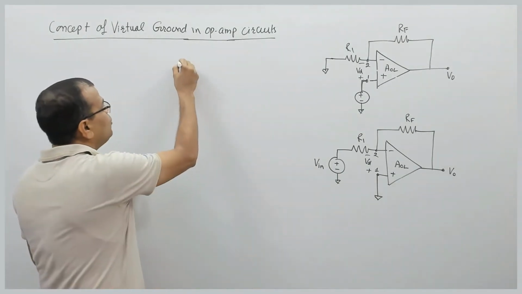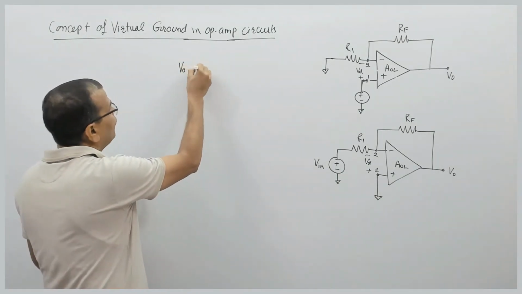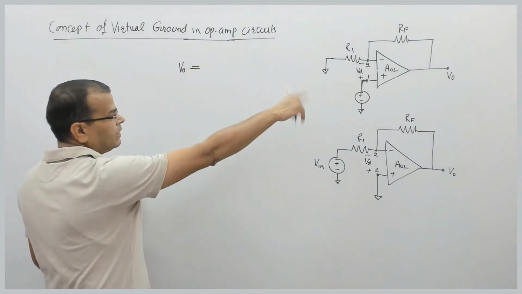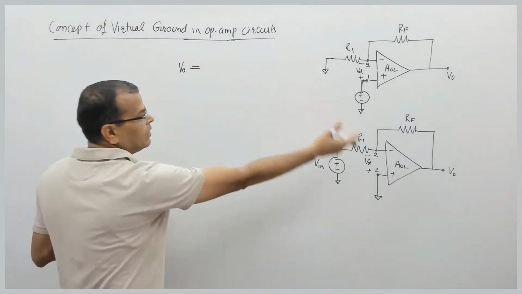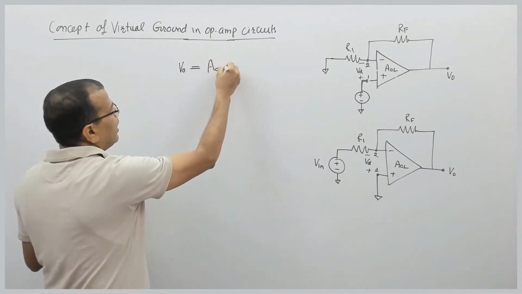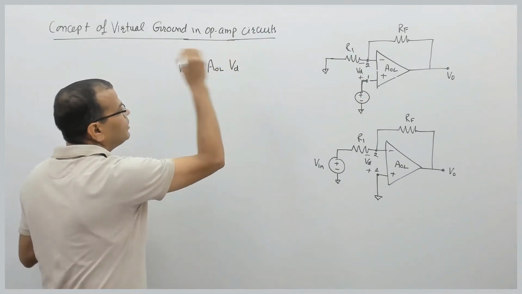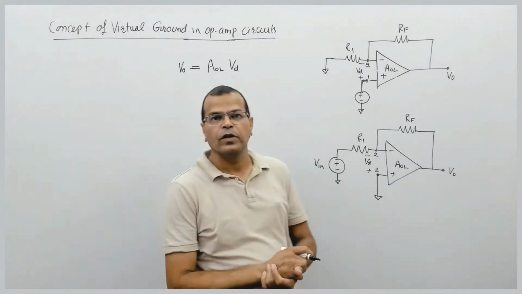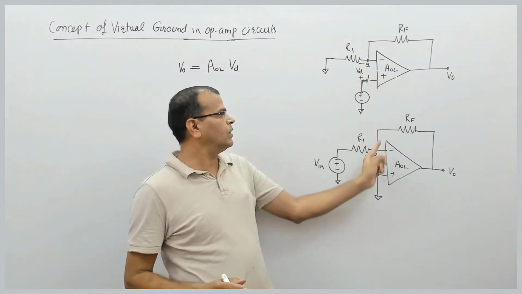So the output voltage of both of these circuits, whether it is this or this, will be AOL into the differential input voltage.